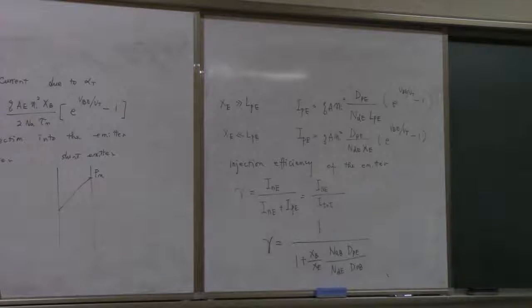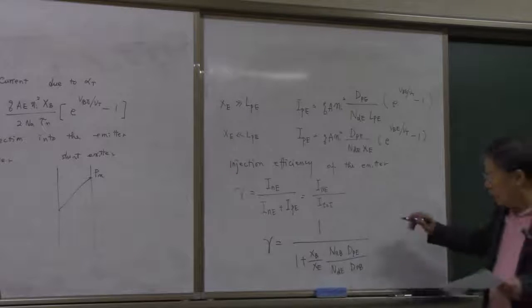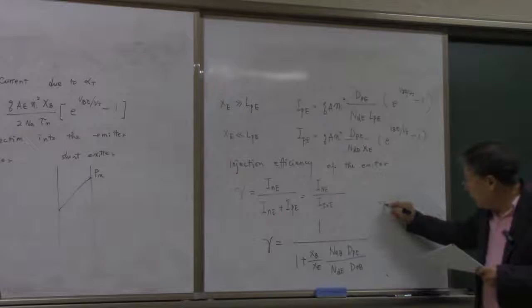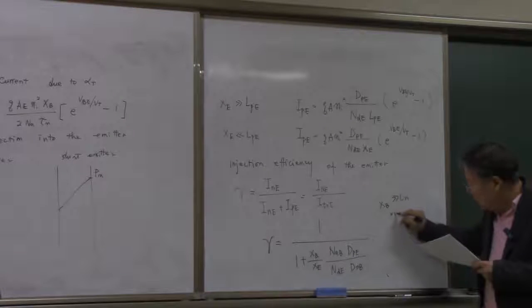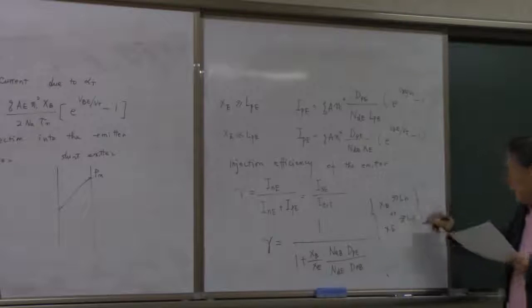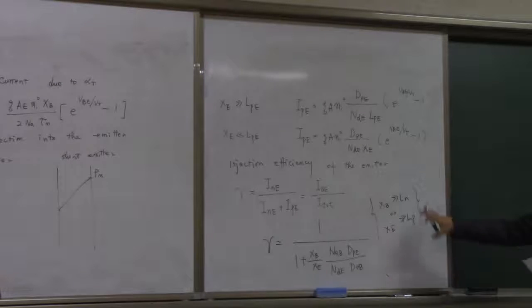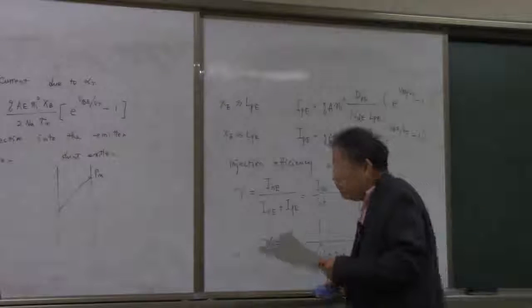And this equation is complicated, but we can set xb smaller than LN, or xe greater than lp, in reality. So we can assume this. Then this gamma can be simplified a little bit according to that.